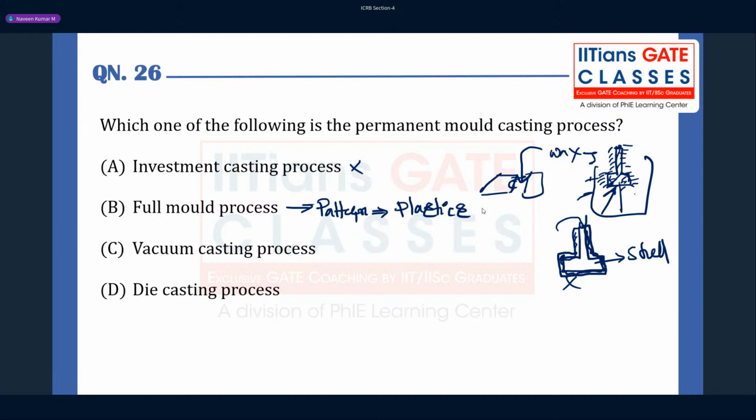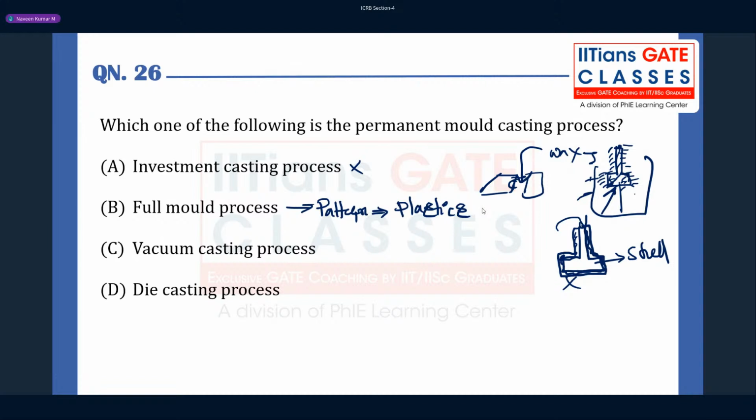The pattern will get burnt because it has low density, and it goes into the atmosphere as vapor. It creates a passage in the mold cavity, and then the liquid metal fills the mold cavity.